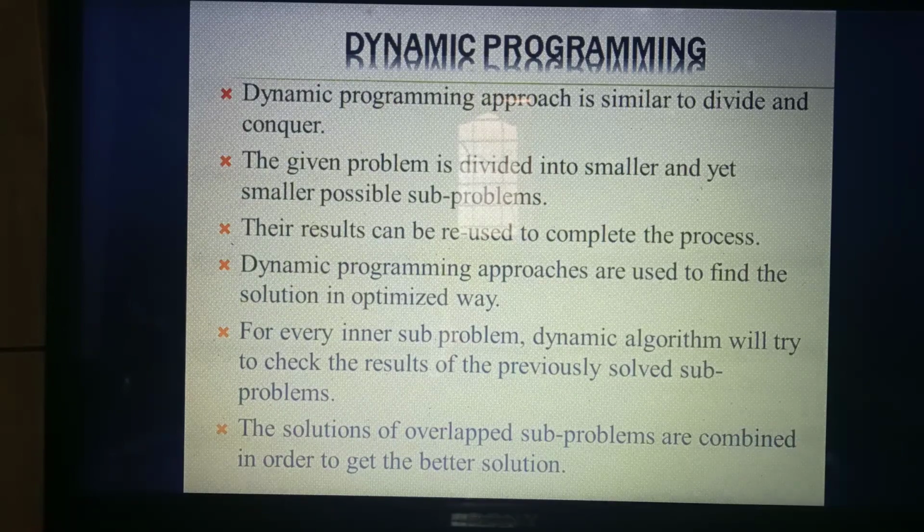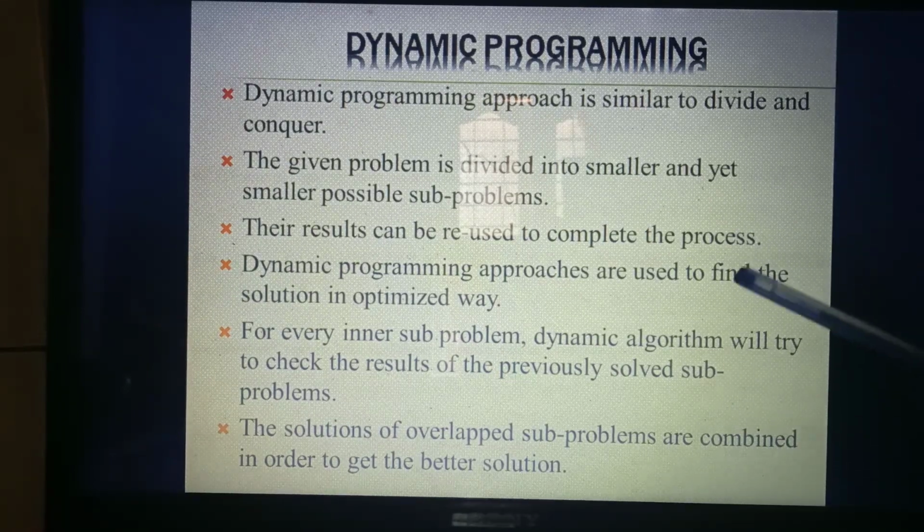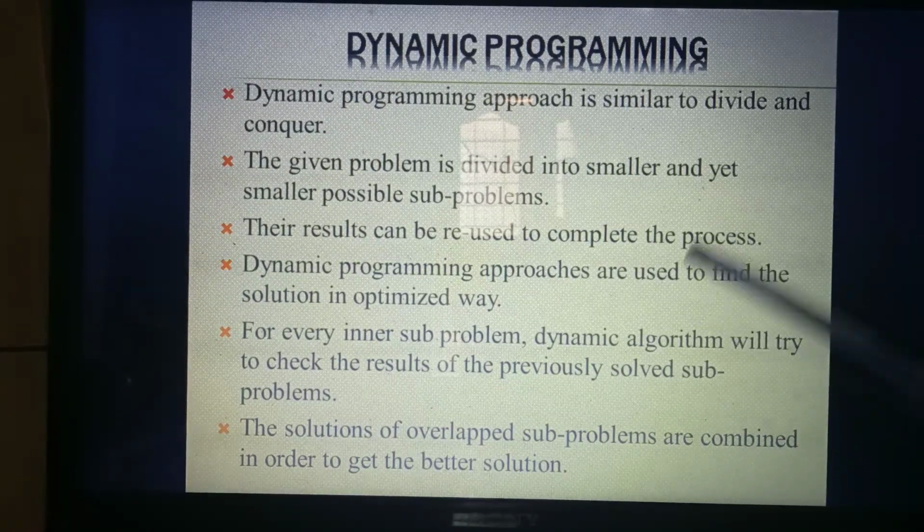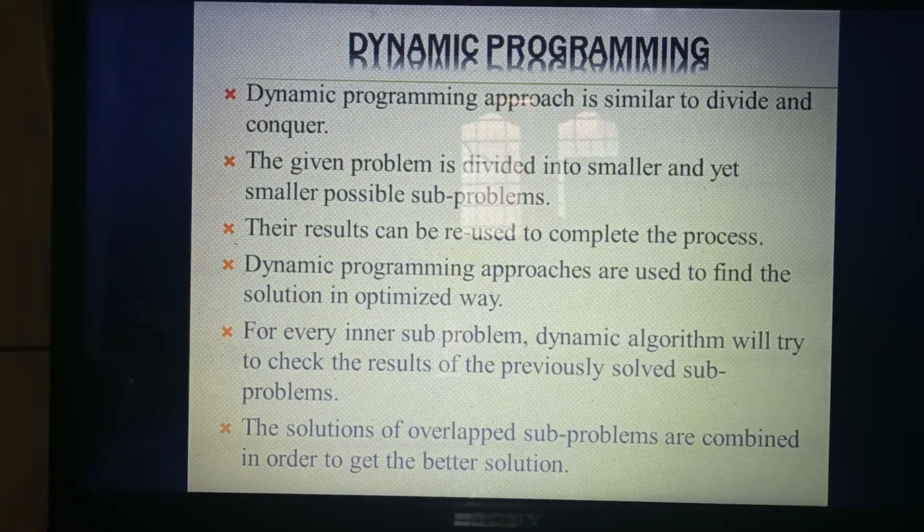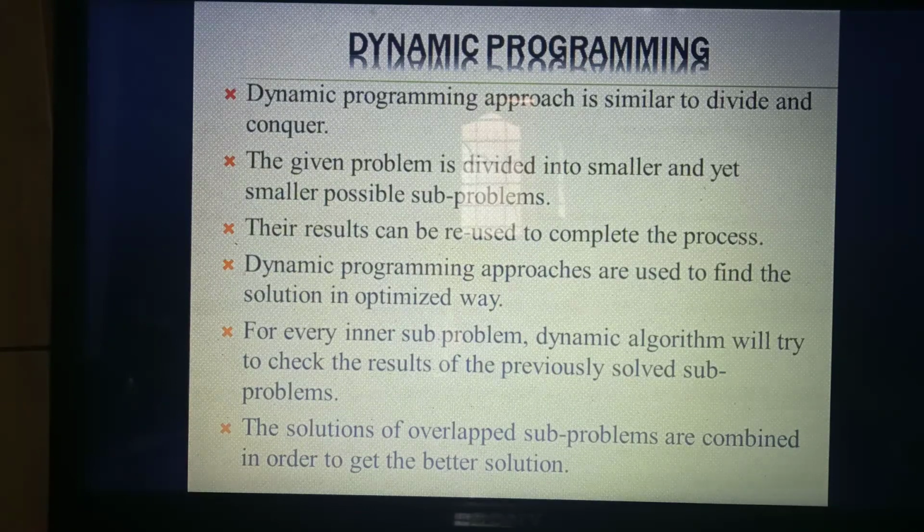Understand? So why do we use dynamic programming? To find the solution in an optimized way. Optimized way means the correct way. Let me tell another example so you will easily understand. For example, you are going to find the average mark of your class students.